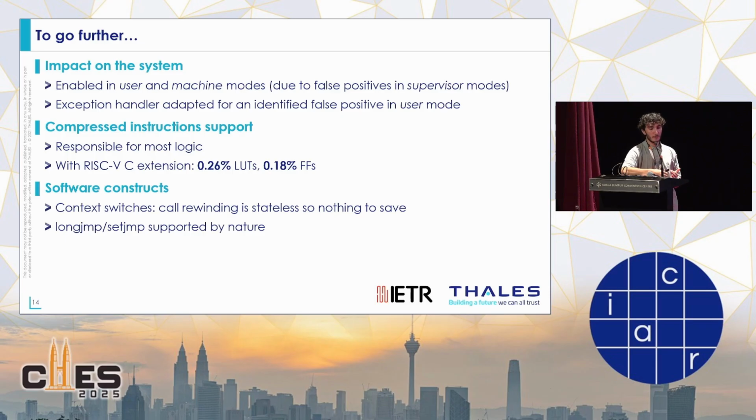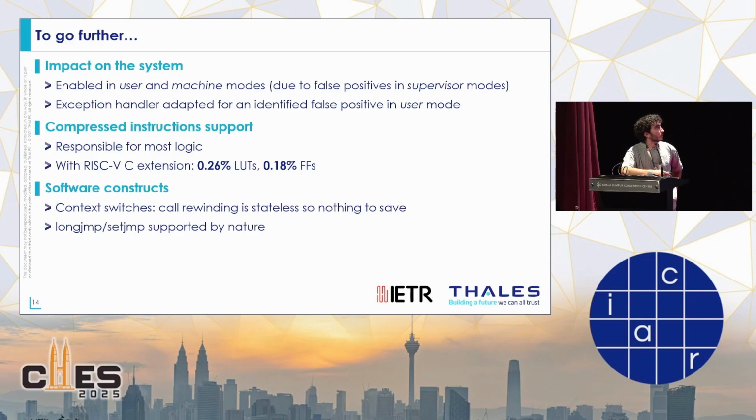So to go further on the implementation of core rewinding, regarding its impact on the system, it's enabled in user and machine modes. In RISC-V you have 3 privilege modes, and it's only not activated in supervisor mode, which is the privilege mode in which the kernel runs, because we had false positives in this privilege mode when we booted Linux.